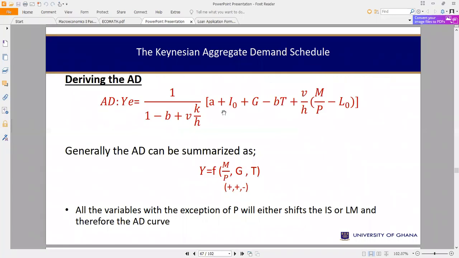So now, if you put the R into the Y, this is the general equilibrium Y, in terms of all the variables.